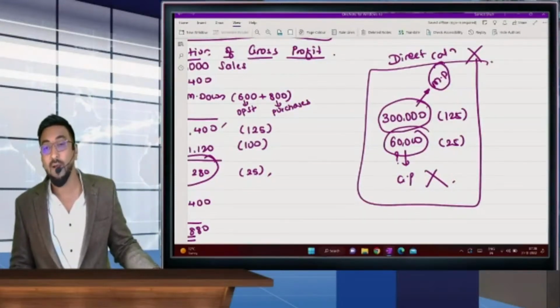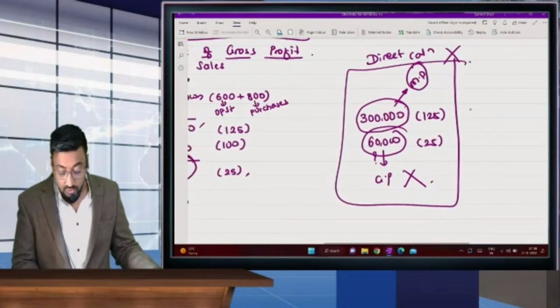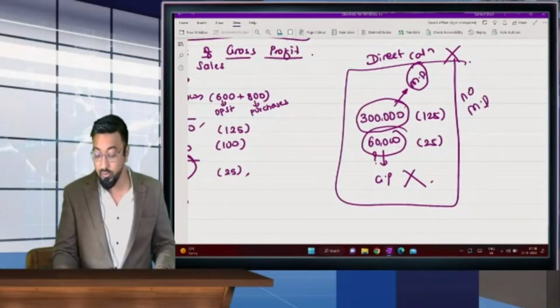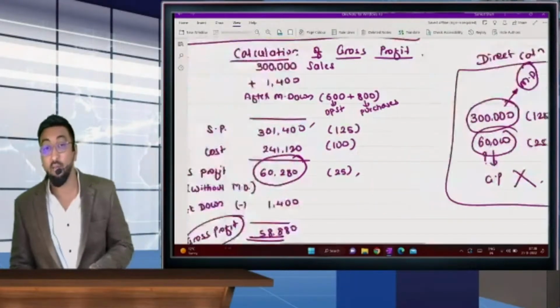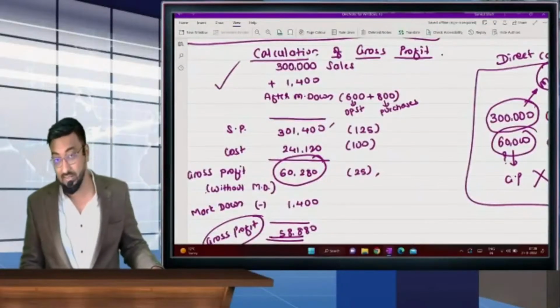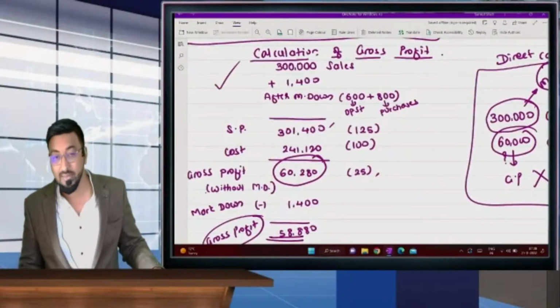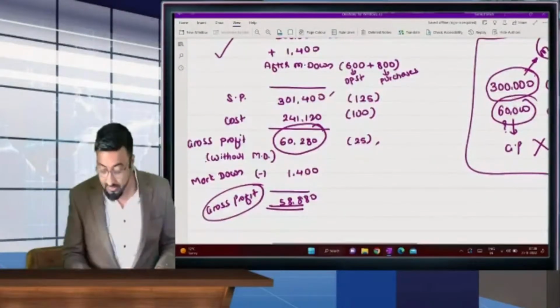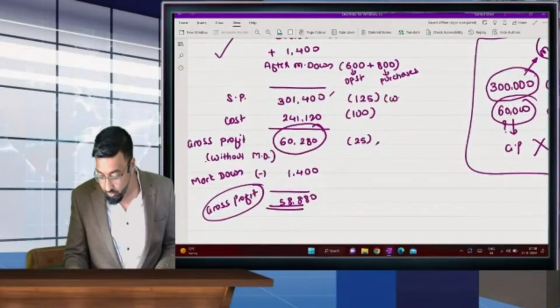So how much for 25? No, no, no. Why is this calculation wrong? Because no markdown is considered, and this is the only reason. What is the correct process? First, you have to calculate sales without markdown.